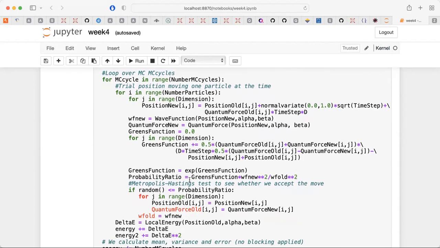And here I haven't been as efficient as I promised, because when I look at the new wave function and the old wave function, I could actually have simplified that. Because if you now look at what I'm doing, I'm moving one particle at a time. It means basically that the position is given simply by the move of the next particle.